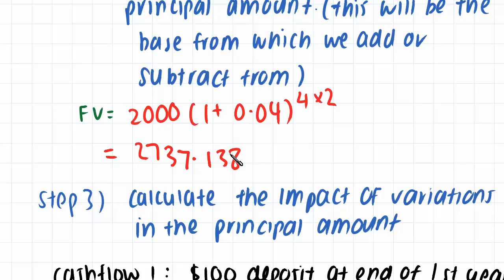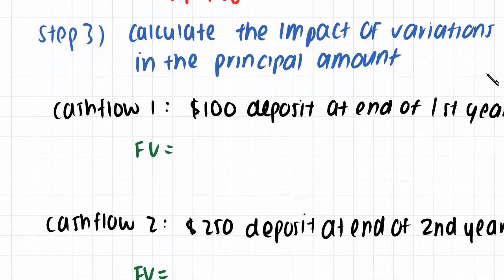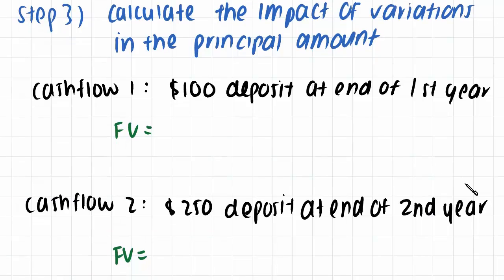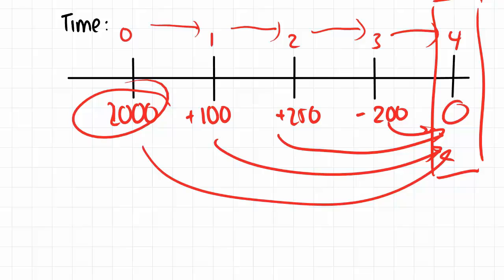So then in step 3, we have to calculate the impact of variations in the principal amount. For all the other inflows and outflows that occur, we're just going to find the net change in the principal amount, okay? So we'll start off with the $100 deposit at the end of the first year. If we go to our timeline, we realize that this $100 deposit receives only 3 years of compounding: from the first year to the second, second to third, and third to fourth.